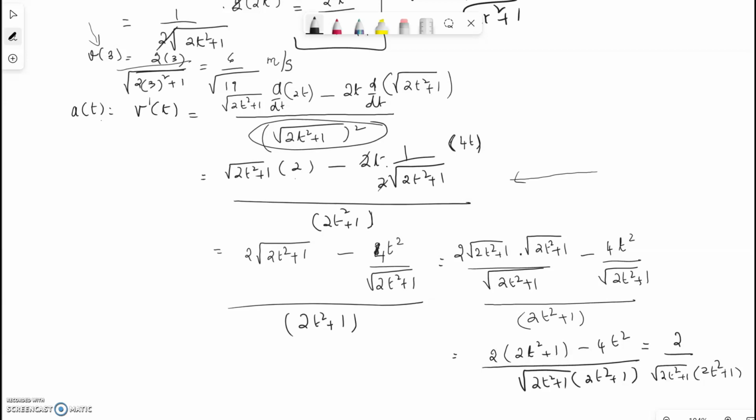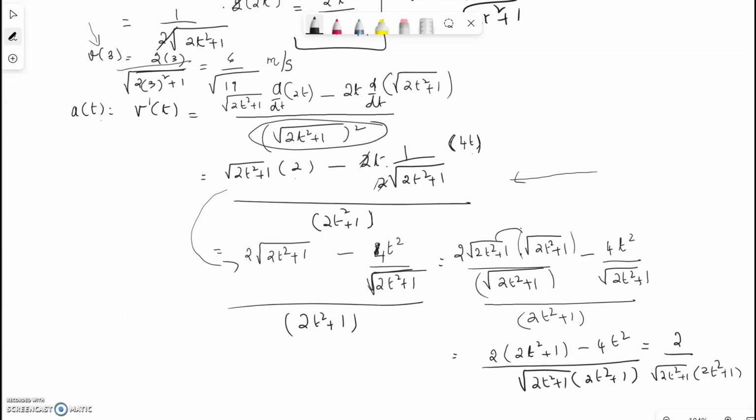Simplifying, we get 2 radical 2t squared plus 1 minus, the 2 and the 2 get cancelled, and we have 4t times t, which is 4t squared, divided by radical 2t squared plus 1. The next step is taking a common denominator. So that is 2, and we multiply and divide with radical 2t squared plus 1, which is the common denominator, minus 4t squared.